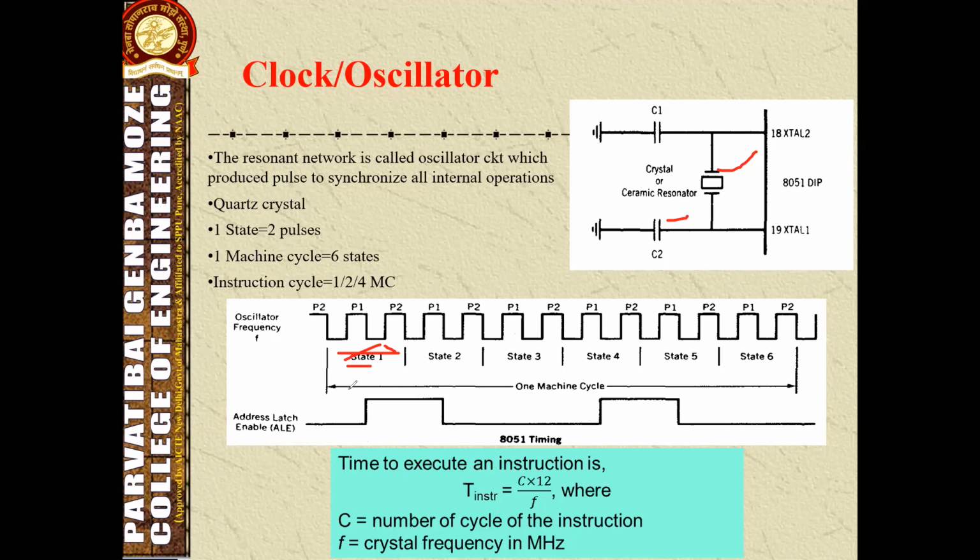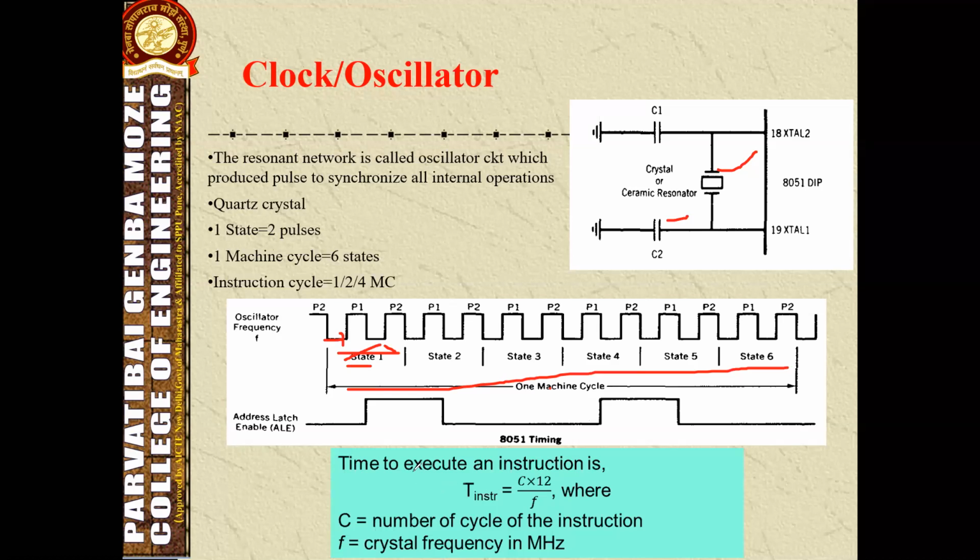We can consider the machine cycle. There are totally 6 states, and 6 states are called one machine cycle. One state includes 2 pulses. Starting from here, consider the starting 2 pulses; 2 pulses are called 1 state. So a total of 6 states is equal to 1 machine cycle.